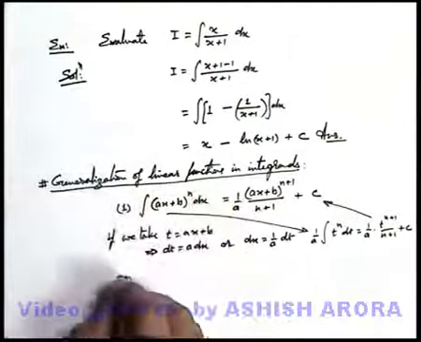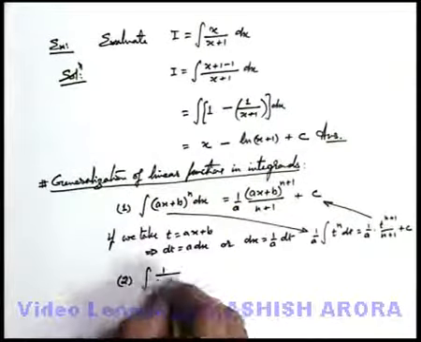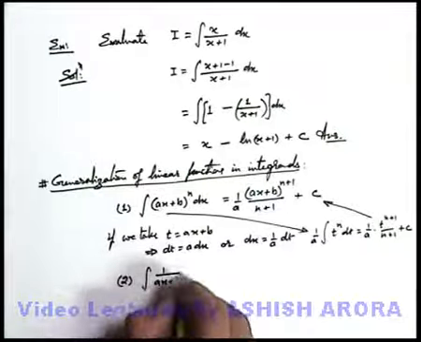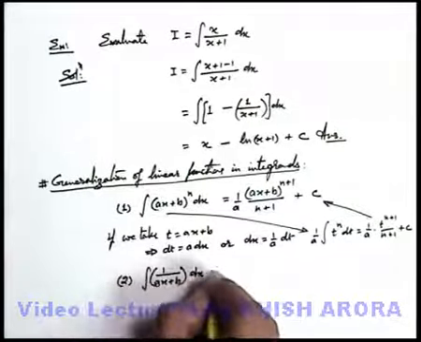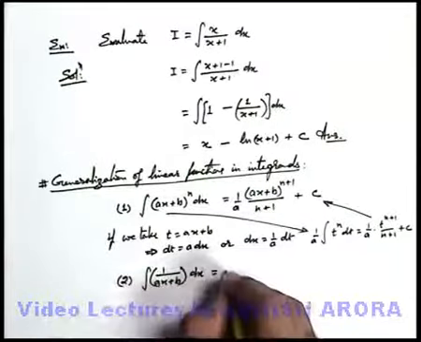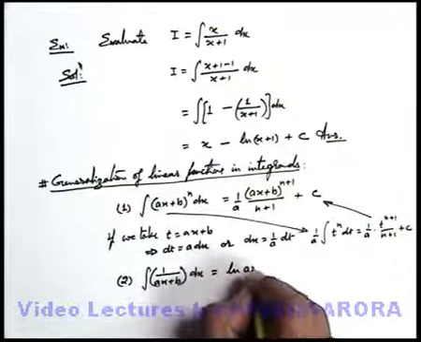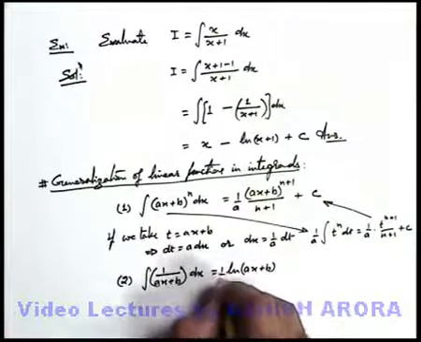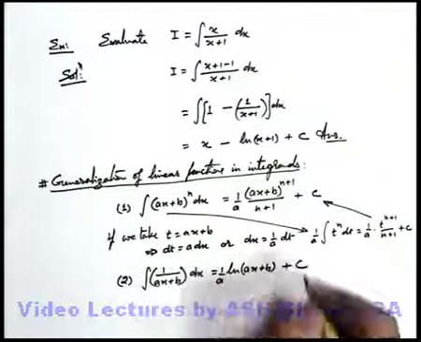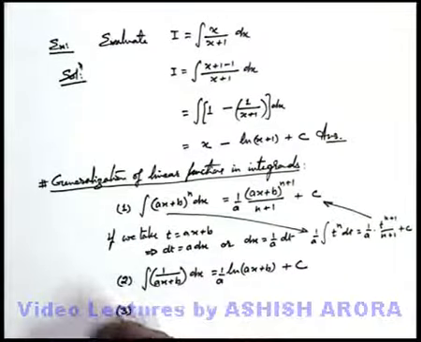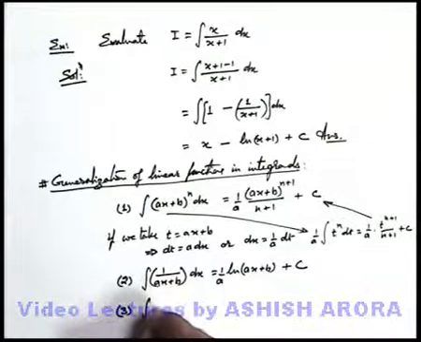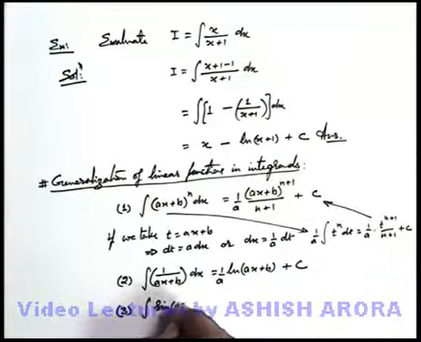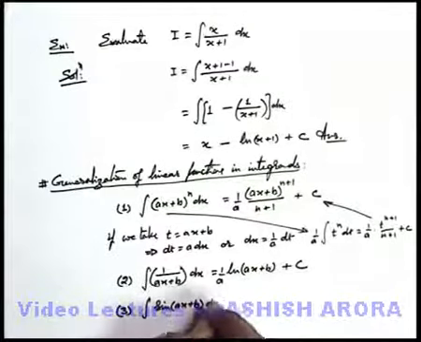Like number 2, you are given the integration of 1 upon ax plus b dx. This can be written as ln of ax plus b, and the coefficient of x, which is a, we use as 1 by a, plus c. Another form, say we are given the integration of sine of ax plus b dx.